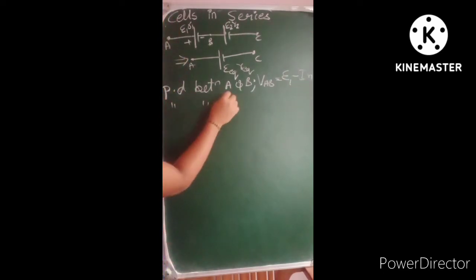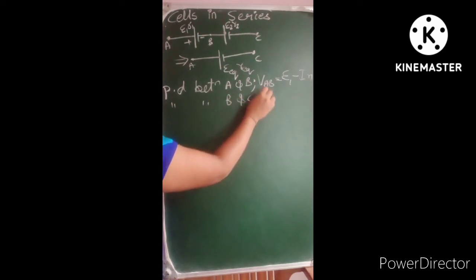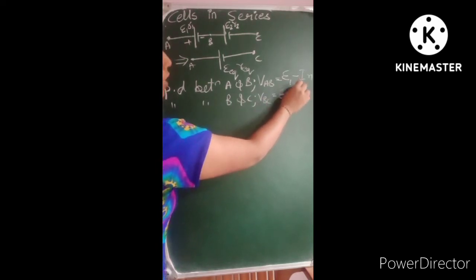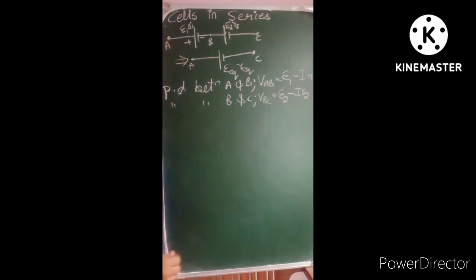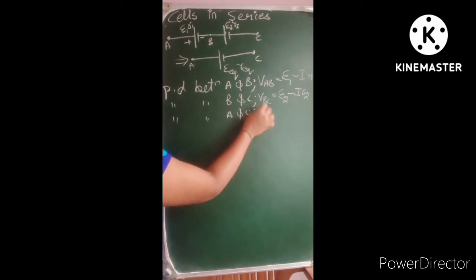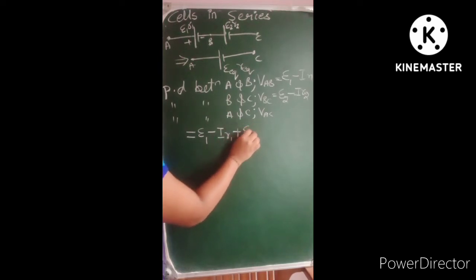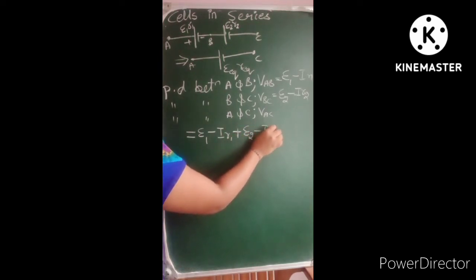Similarly, the potential difference between B and C is VBC equal to E2 minus IR2. Therefore the total potential difference between the points A and C is VAC equal to E1 minus IR1 plus E2 minus IR2.